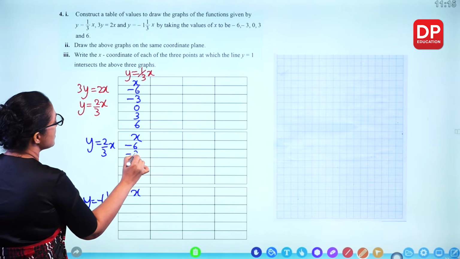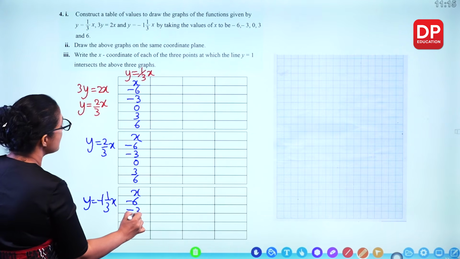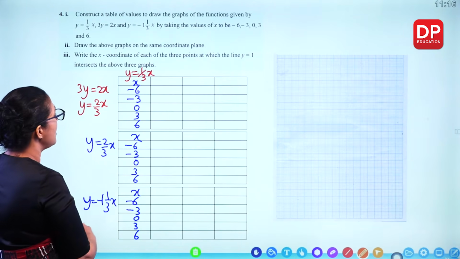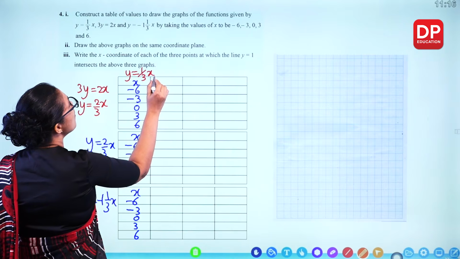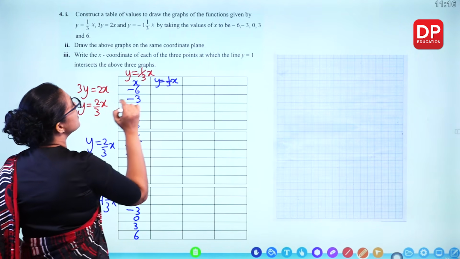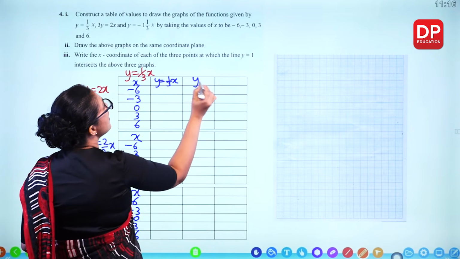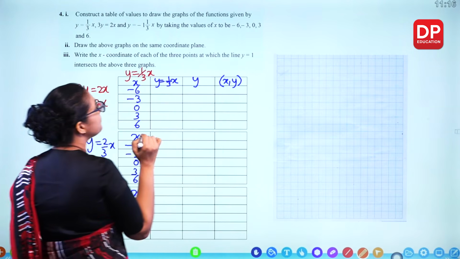Those are the x coordinates. Now this one we need y equals 1 over 3 x, and this value is the y and the ordered pair, x and y.